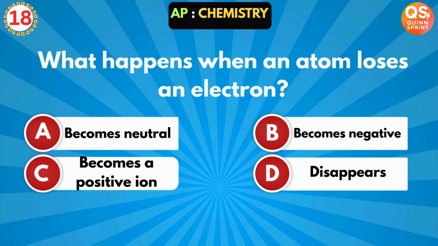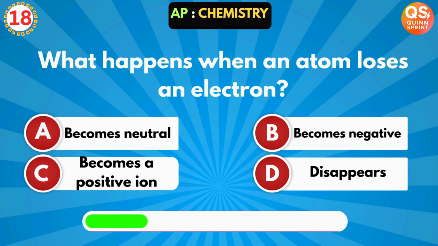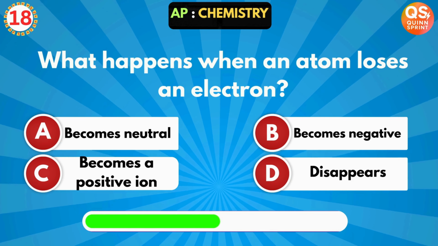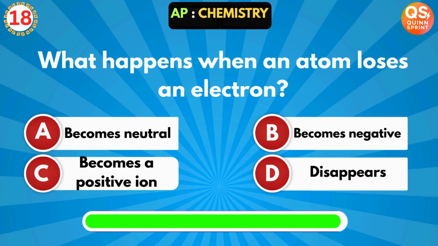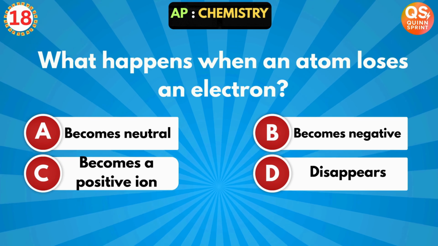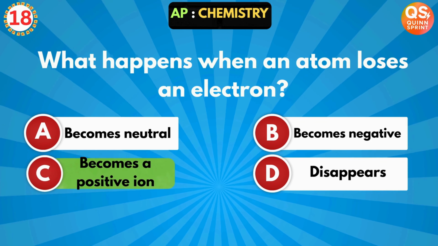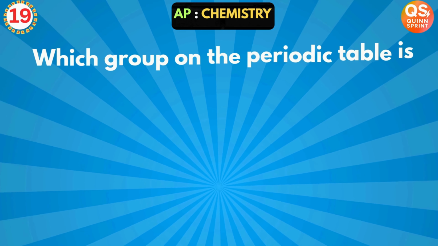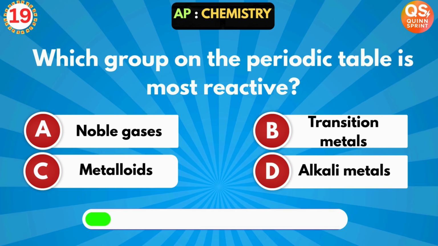What happens when an atom loses an electron? Becomes a positive ion. Which group on the periodic table is most reactive?